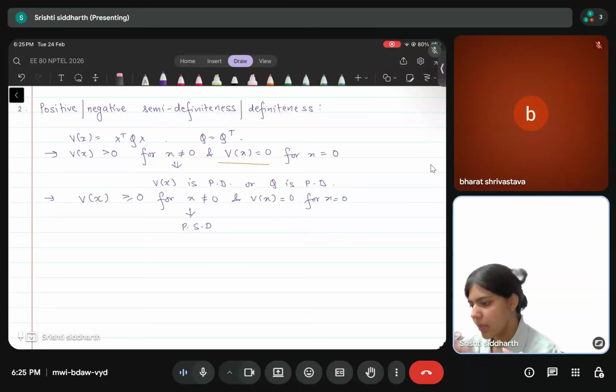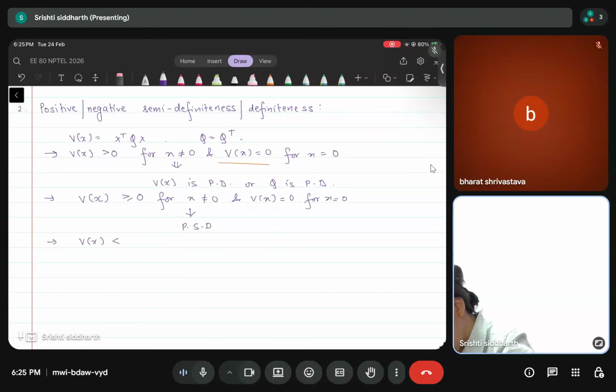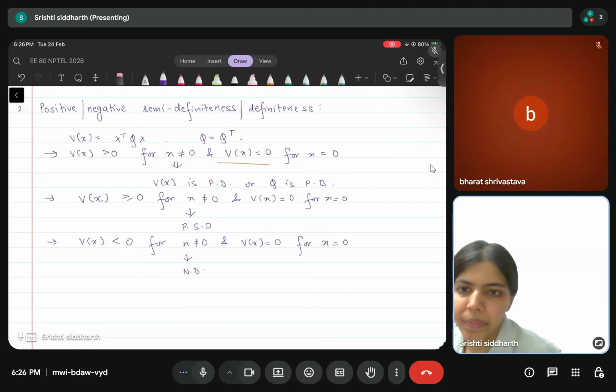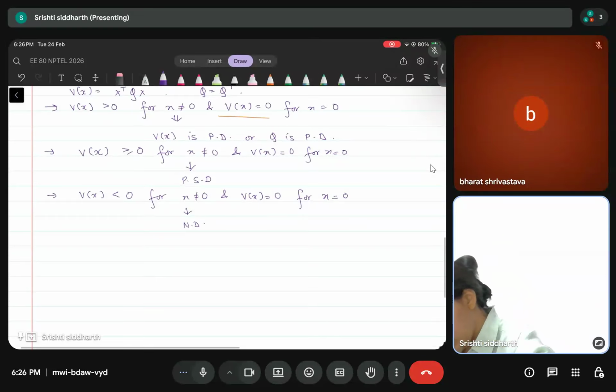We have similar inequalities for negative definiteness. So V of x is less than 0 for non-zero x. This is negative definiteness. And similarly, we have negative semi-definiteness.